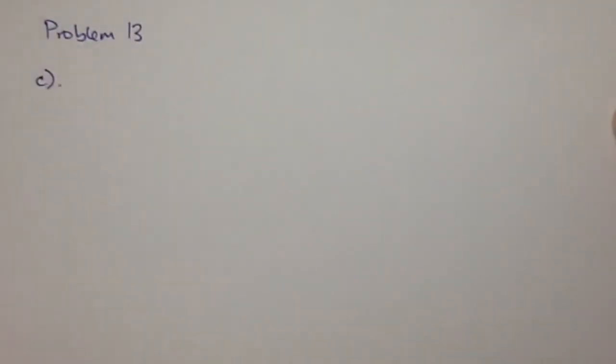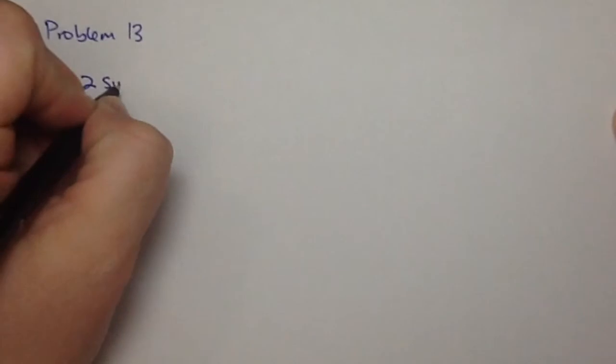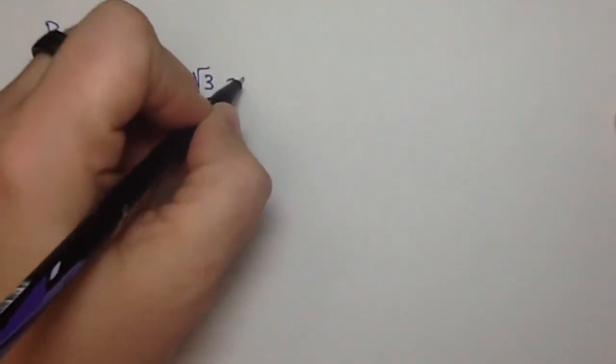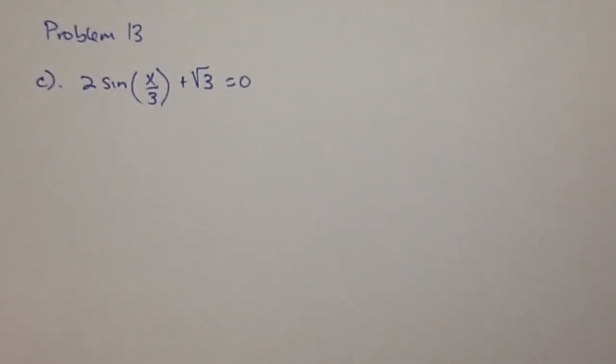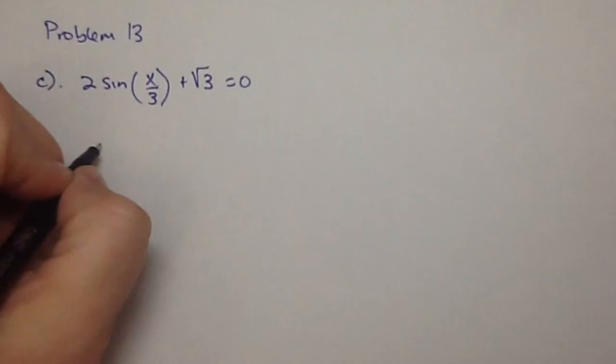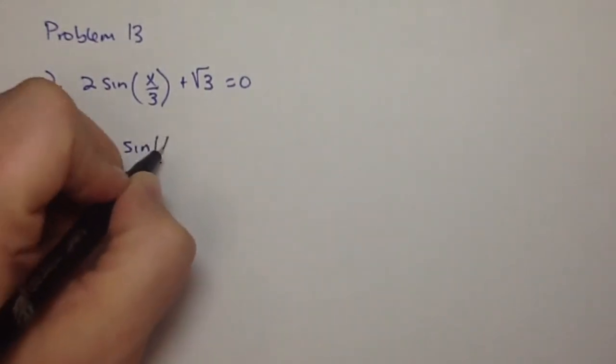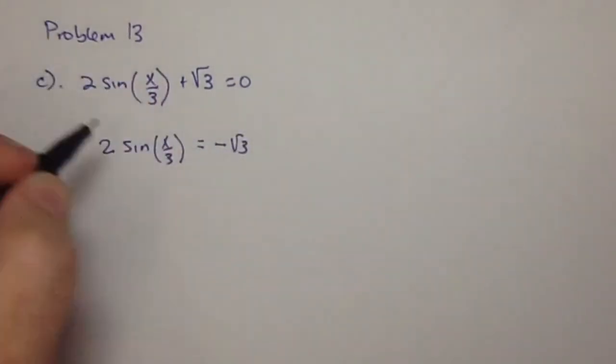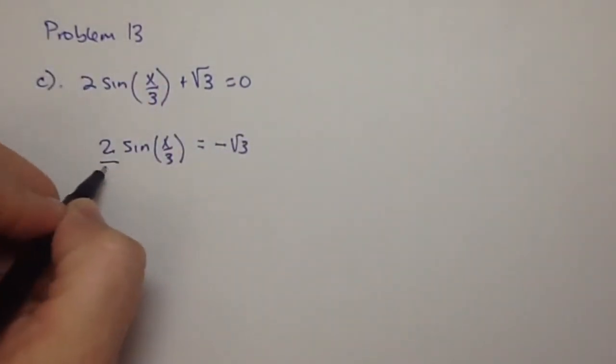Part C. And so we have 2 sine x over 3 plus the square root of 3 equals 0. All right, so we're going to move the square root of 3 over that side. So we have 2 sine x over 3 equals negative square root of 3. Then we divide by 2.